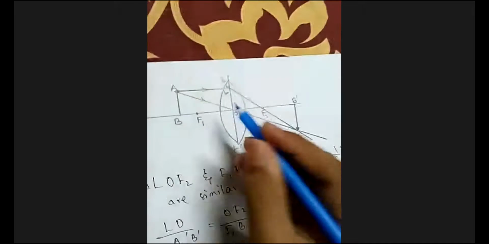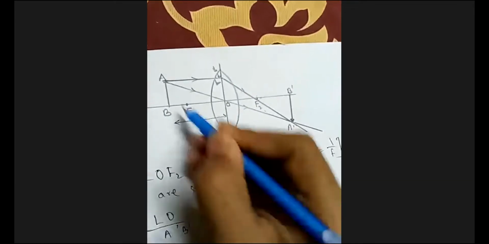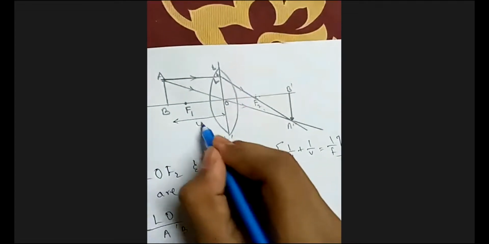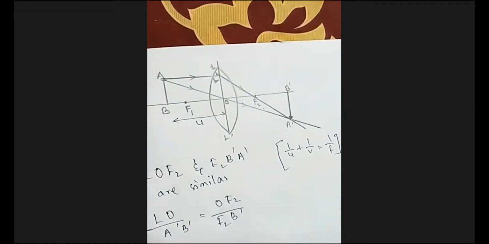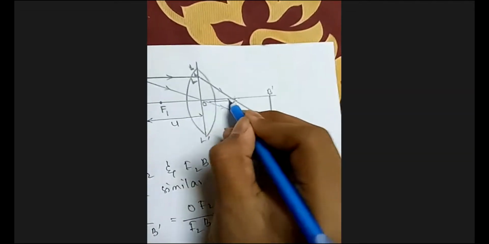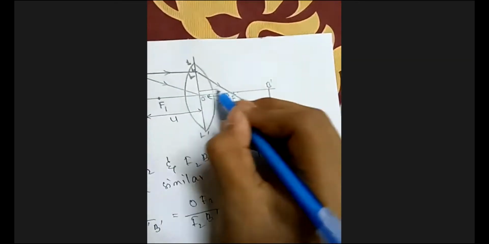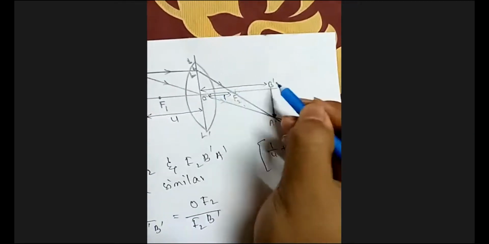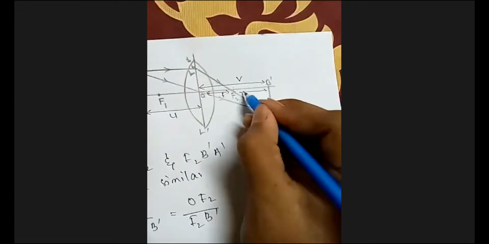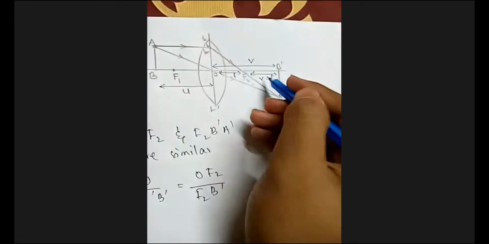Here AB is the object. So OB will be U, because this is the distance of the object from the optical center, and OF2 is the focal distance, the focal length, which we will consider as F. OB prime is the distance of the image from the optical center, that is V. So F2 B prime will be V minus F, because if we add F to this, we get V. So what is OF2?